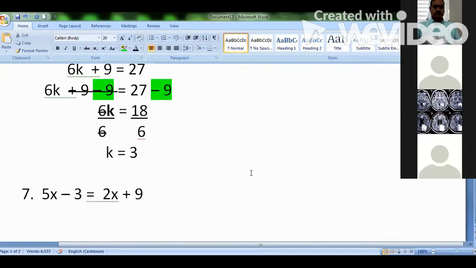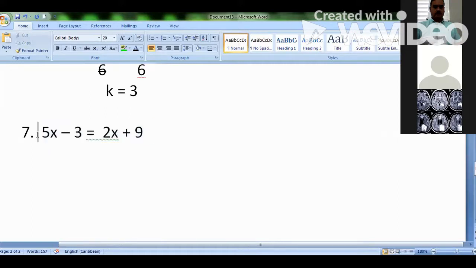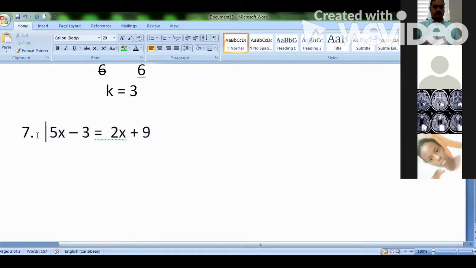Somebody says you have to work both sides first. I want you to tell me the difference between this question and the previous questions. I hear somebody saying something: x on both sides.